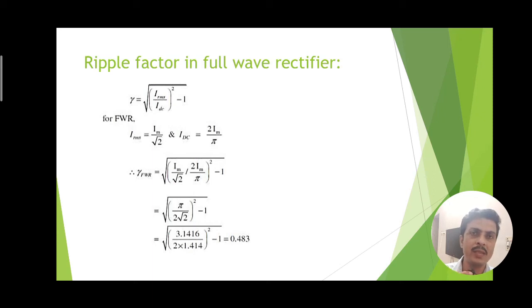That is why the gamma equation is given by the square root of the ratio of the square of the RMS to the DC current, minus 1. For the full wave rectifier, the RMS current is Im by root 2 and the DC current is 2 Im by pi. Therefore, gamma for the full wave rectifier can be easily calculated, which is 0.483.